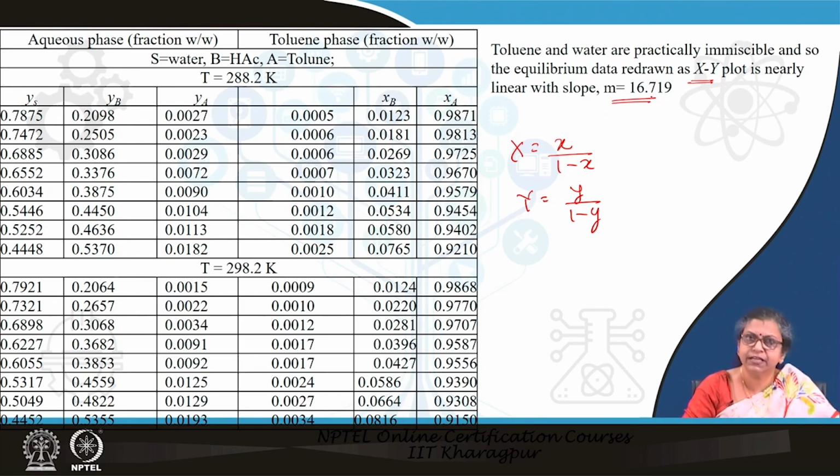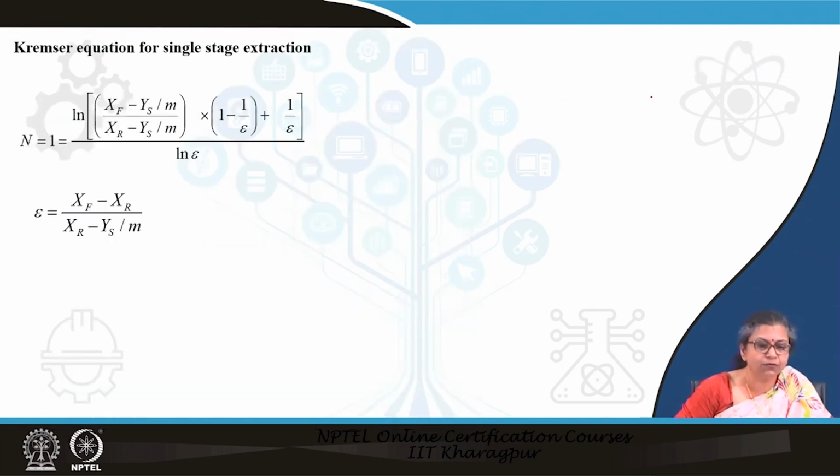So, for this case we get a linear operating curve, and as a result we can use the Kremser equation, if you remember, which was discussed with you in the class of absorption. We will also be going into some discussions on it. We can use this particular Kremser equation.